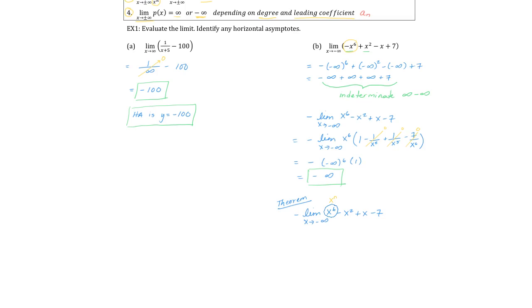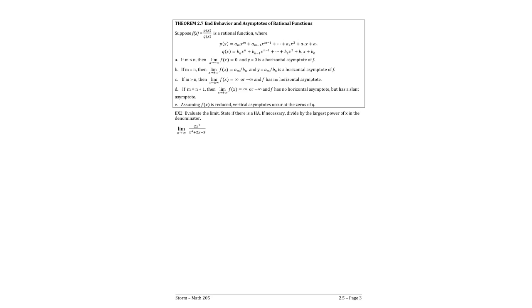Since this is an even exponent, this whole piece by the theorem is going to be positive infinity, which means by the theorem, the negative is still in the front. We have negative infinity. So we could compute it directly, or we could just use the theorem to evaluate the limit.